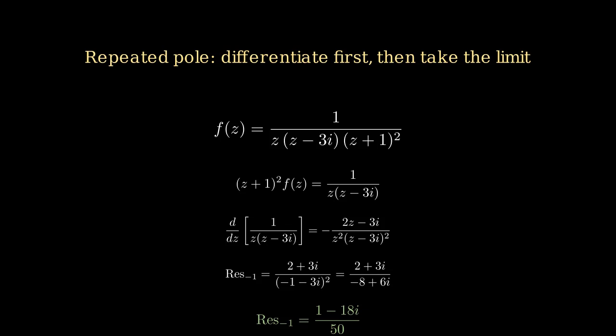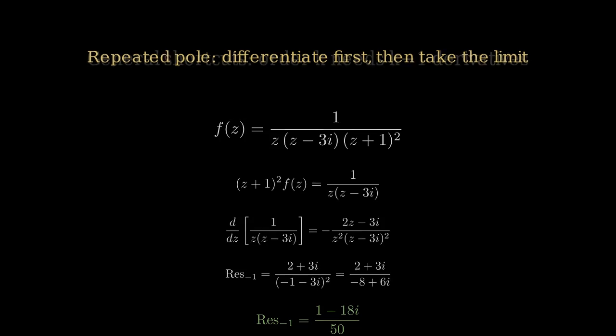Step 3. Take the limit as z approaches -1. This gives the quantity 2 plus 3i divided by the quantity -1 minus 3i squared, which equals the quantity 2 plus 3i divided by the quantity -8 plus 6i. Rationalizing gives 1 minus 18i, all divided by 50.